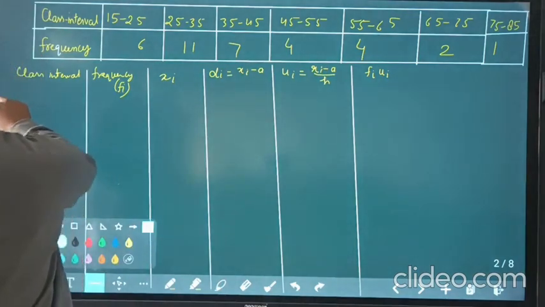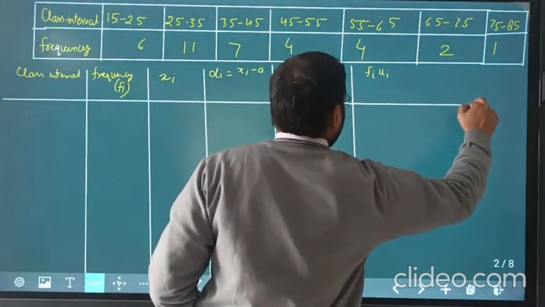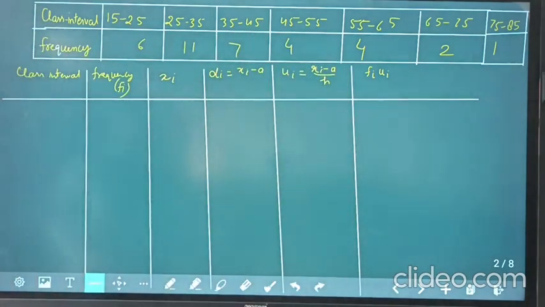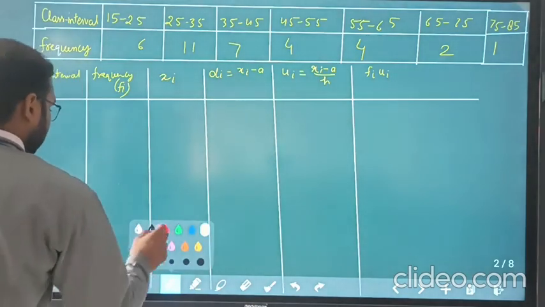Now, from the above table, we are going to fill in the first class.